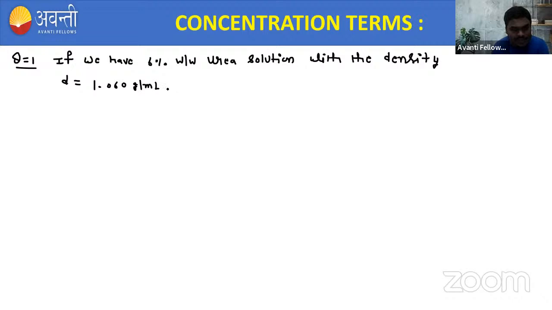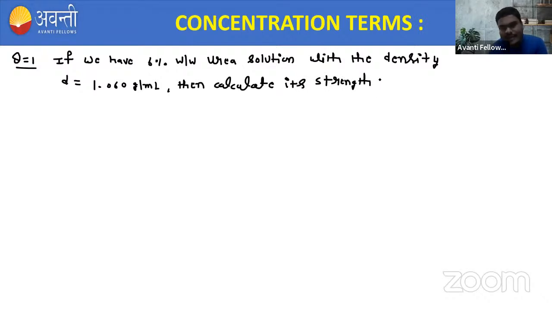So you have to calculate the strength. It means they are asking for the concentration, right? Strength in gram per liter. So you have to calculate the concentration in gram per liter.